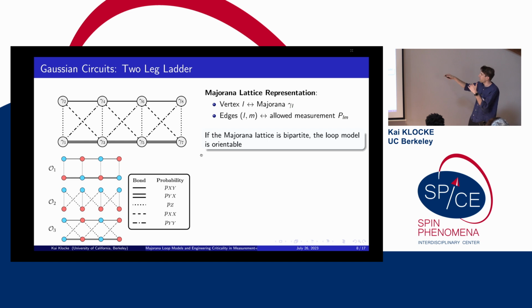And if this lattice is bipartite, then the loop model is orientable because that's exactly this bipartition that I need for orientability. So for this way of drawing things, there's three very natural ways that you could choose some orientable subset. And in all of these cases, if I only measure these operators, I will never break this hidden U(1).